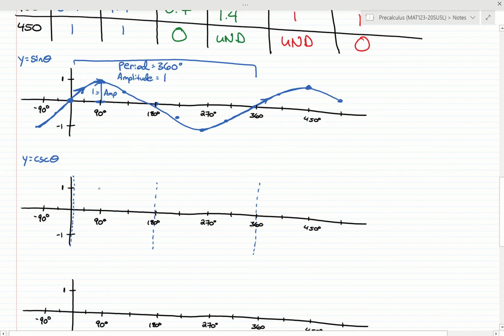When sine is 1, cosecant is going to be 1. And if you just start taking the reciprocal of our values for sine, you get a graph that looks like this. Now with 45 we had 1.4, 135 we had 1.4, and we start to see a shape that looks like this.